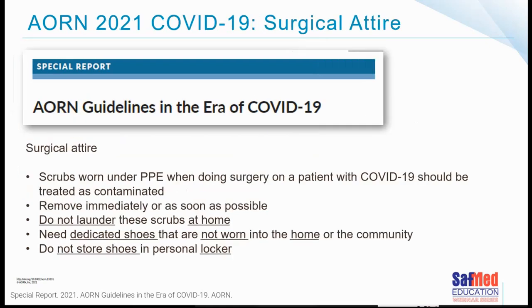So I'm going to go through all of those now. I took out the parts that I think were the most pertinent. There was a lot more information in the document, but these were the things that stood out for me the most.